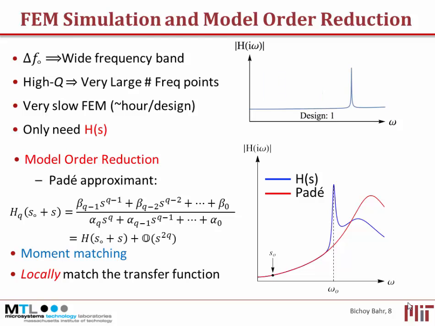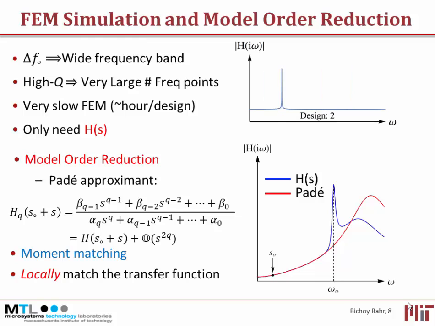So the technique we used was Padé approximations. There are, of course, numerous techniques that can be implemented here. And a Padé approximation is basically calculated around a certain frequency. In this case, we call it s-node. And it's found by basically matching the Taylor expansion of the actual transfer function. So you can see here, for example, I'm calculating the Padé approximation around this frequency s-node.